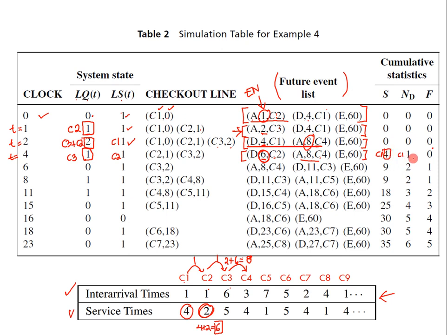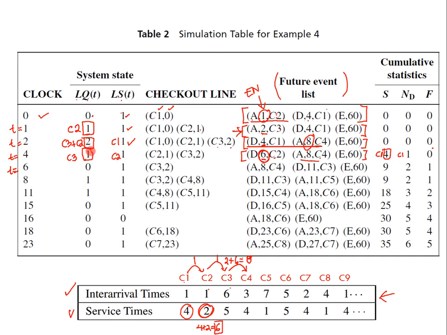So we move to the next event, which will occur the earliest at time 6. So we move forward to time 6. We skip time 5 because nothing happened at time 5. As we move to time 6, we update all this information. Now, at time 6, we have a departure. We don't have an arrival, but we have a departure.